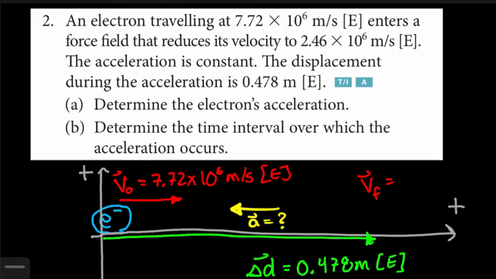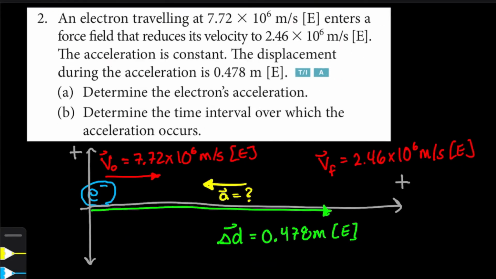At the end of this displacement, they tell us that the final velocity has slowed down to 2.46 times 10 to the power 6 meters per second east. So we should represent the velocity vector smaller than the initial one.